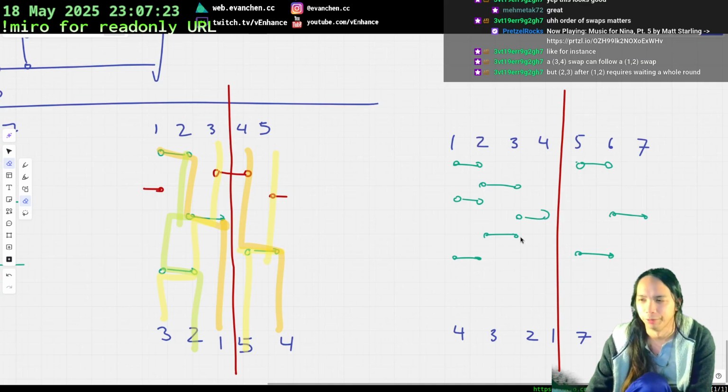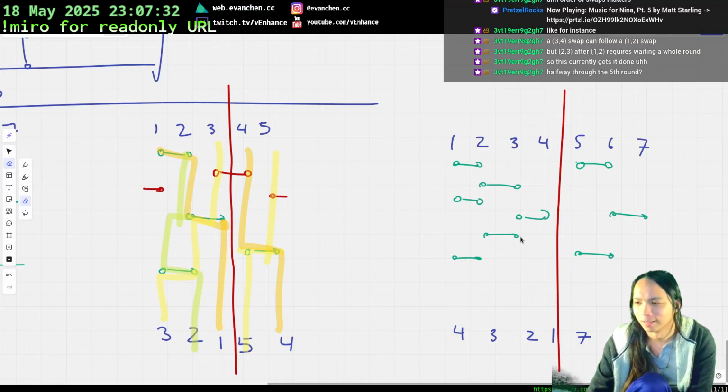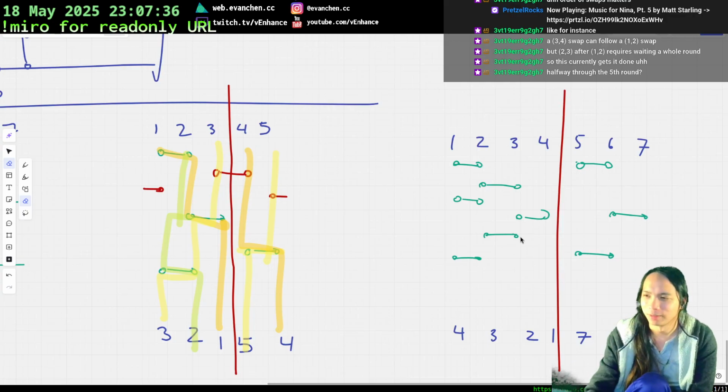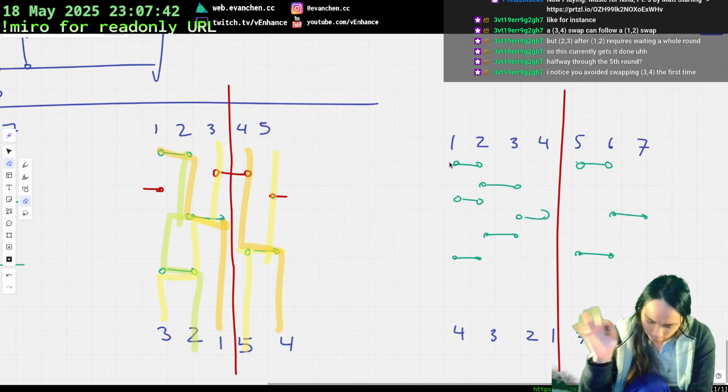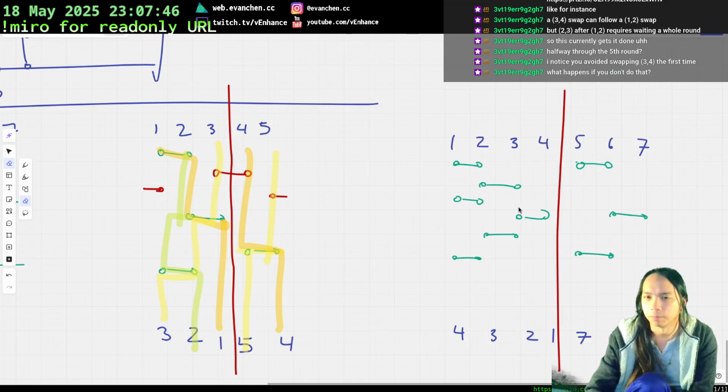I have no idea what the actual runtime is. This comes out to like... Okay, so the bottleneck is that for this construction, I need at least 3 full rounds. I'm just swapping 3, 4 the first time.